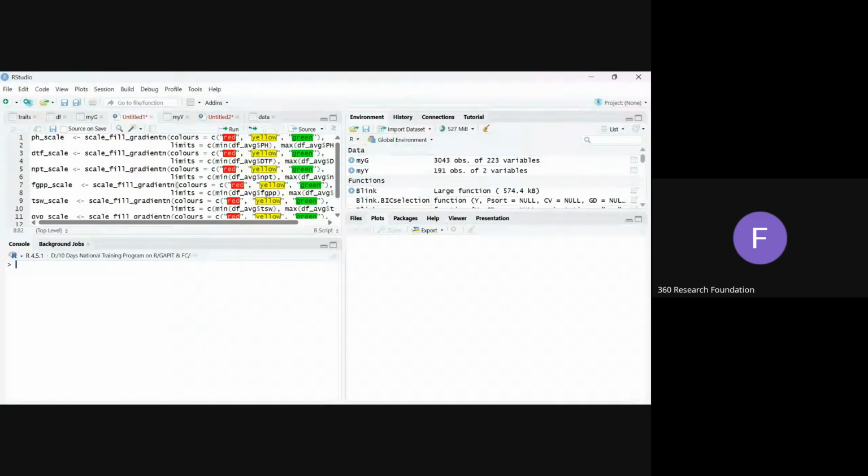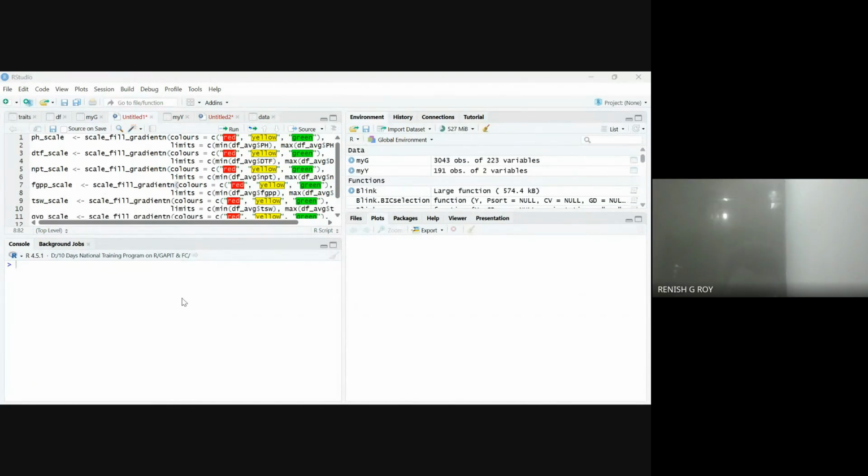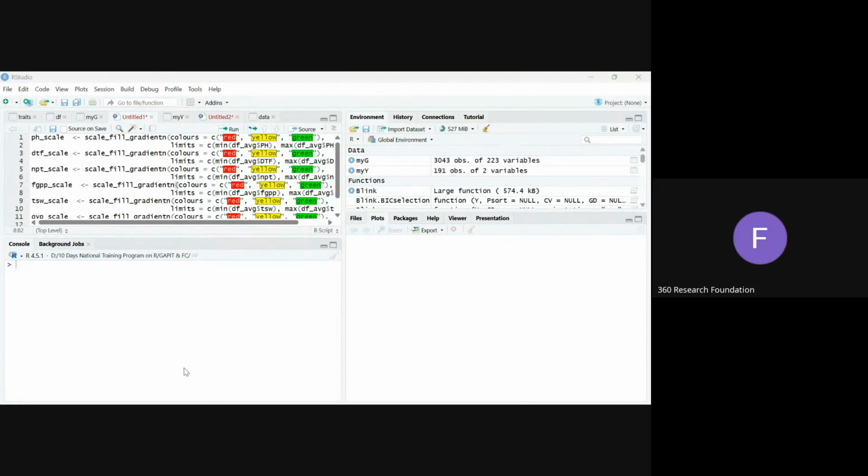Just try to run this GWAS with FarmCPU. Okay, sir. And tell me whether any error is coming. Sir, can you also teach us how to prepare this HapMap?